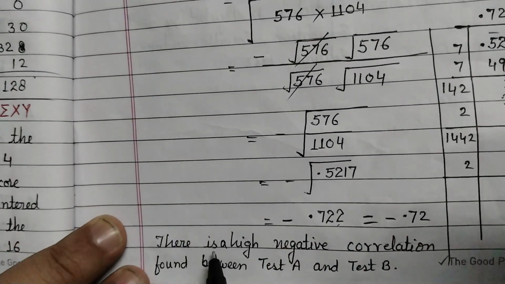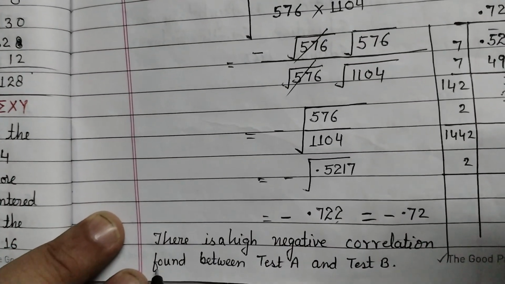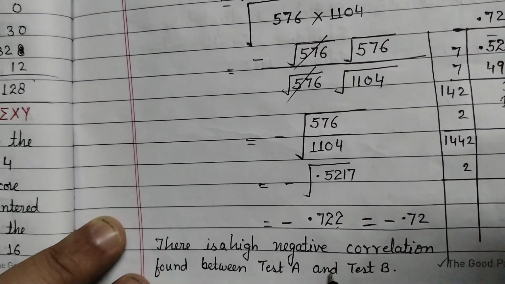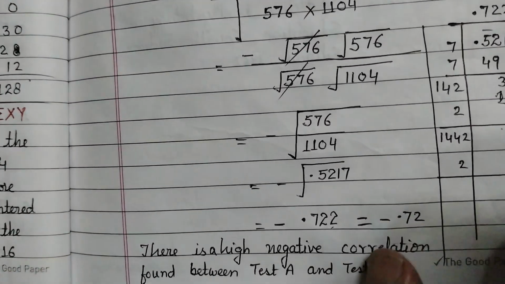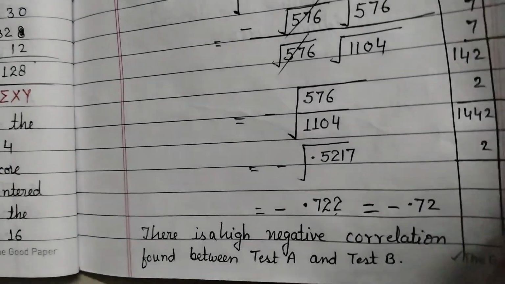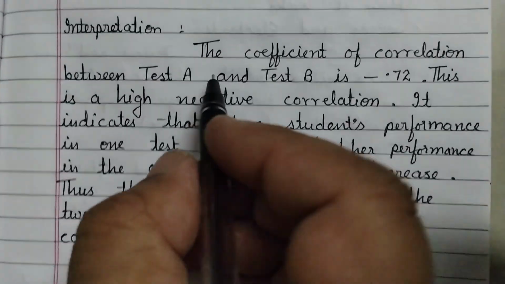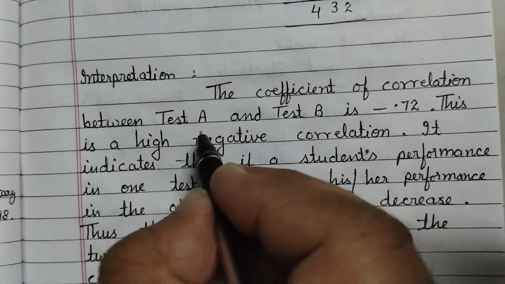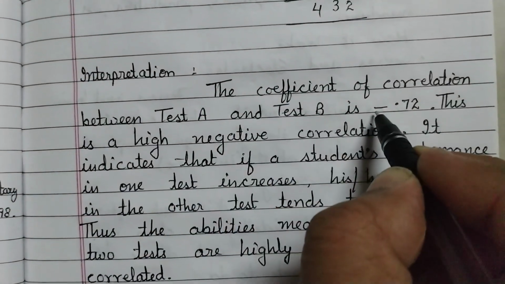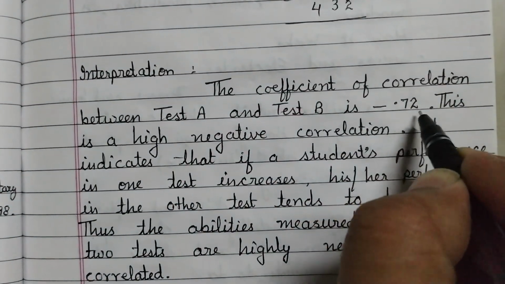So there is a high negative correlation found between test A and test B, minus 0.72. Now the interpretation, how we will interpret the result. The coefficient of correlation between test A and test B is minus 0.72.